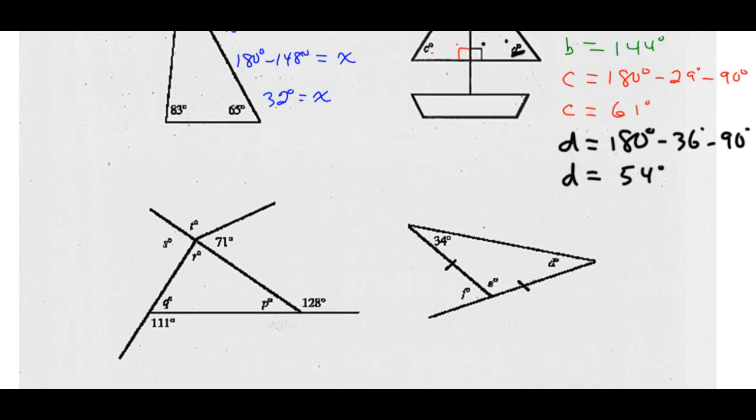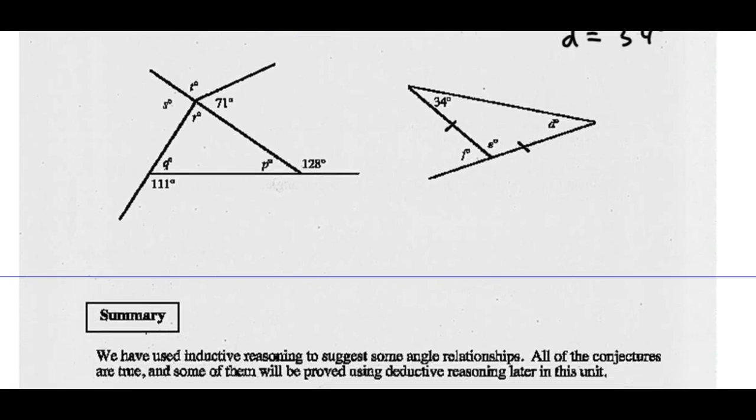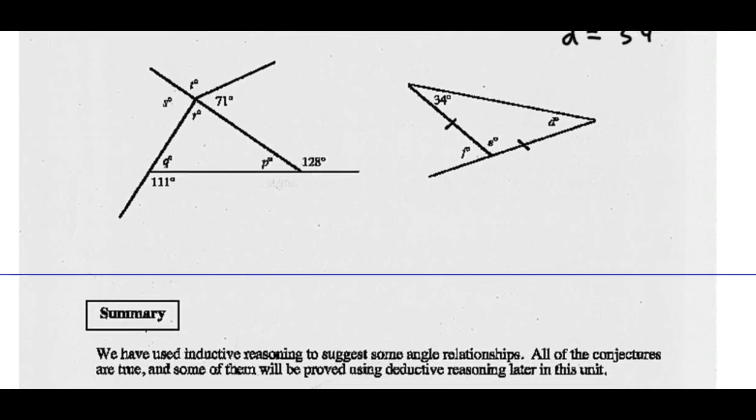Looking at the two examples down below. Now we can start with whatever angles you want. If I start with the angles here along the bottom of the triangle, I can see that these two angles must add up to 180.